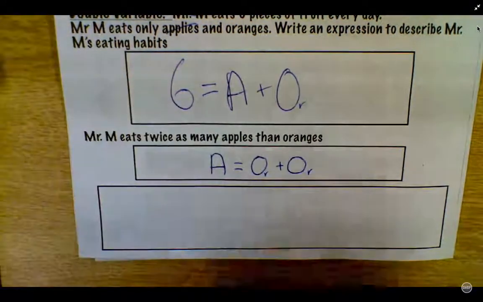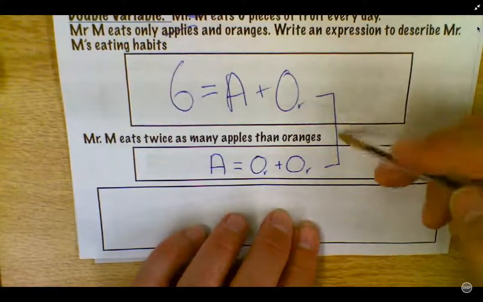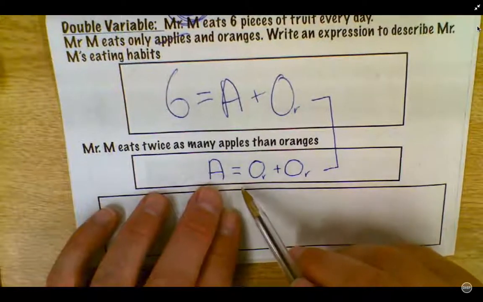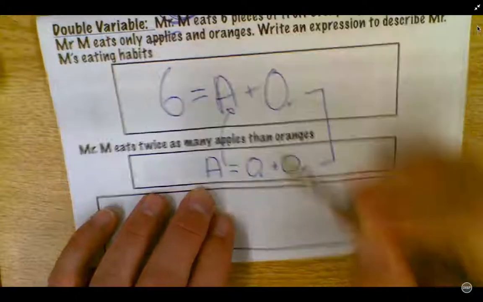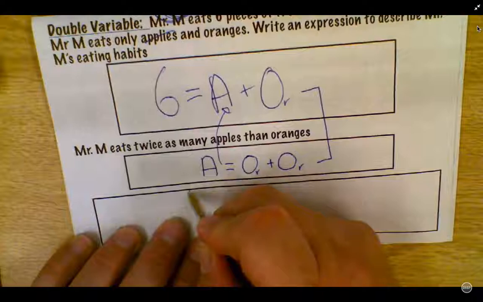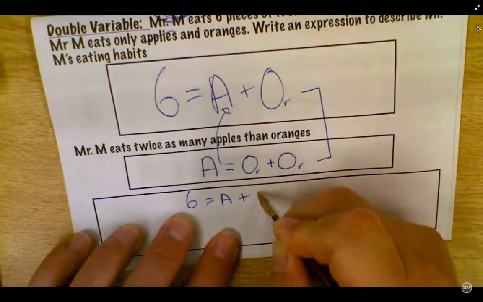So now comes the super tough part where we shove these two together to solve for this. Because we know that A equals something, what I'm going to do is I'm going to throw the A in here, and I'll be left with just oranges. So let's try that. 6 equals apples plus oranges.